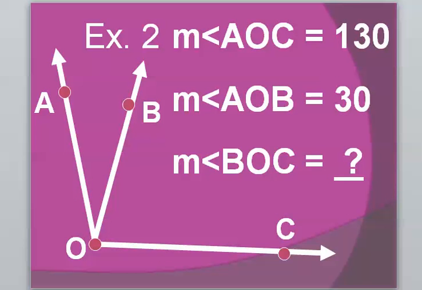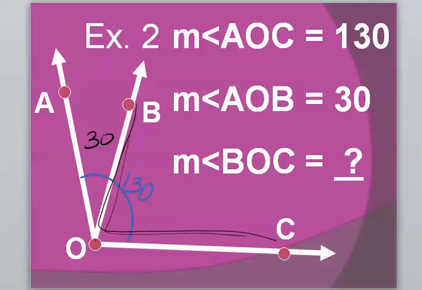Example 2 says the measure of angle AOC equals 130. AOC is our entire angle, so what you will see, especially in the book, is they'll do an arc for the whole large angle. This means the entire angle is 130 degrees. The measure of angle AOB, this kind of small angle on the left, is 30. Then they're asking for the measure of angle BOC, kind of the larger angle on the right.